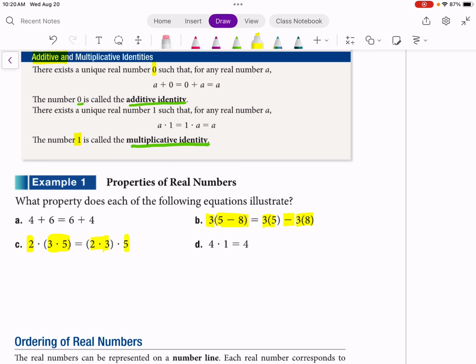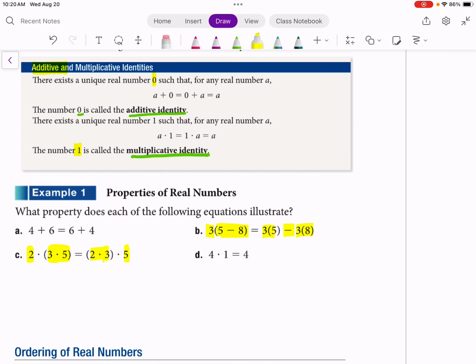What about number D? What kind of property is that? 4 times 1 equals 4. Multiplicative identity. So 1 is the multiplicative identity here. Any question up to here? You should be able to identify rational and irrational numbers, and once you have that, when we are solving, we'll be using these properties as well.